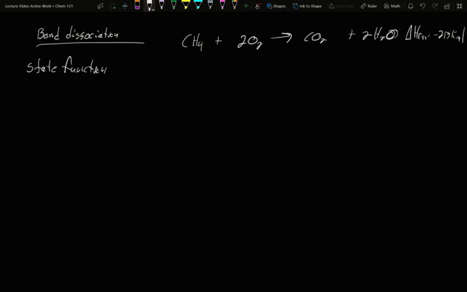Burning, fire, the oldest harnessed chemical reaction humanity has. In fact, we harnessed it before there was a humanity. Our ancestor species have been able to do fire, and we don't know how this reaction works. We really don't. Methane or anything burning, we don't know how it gets to carbon dioxide.